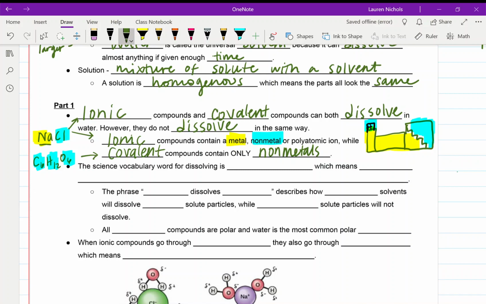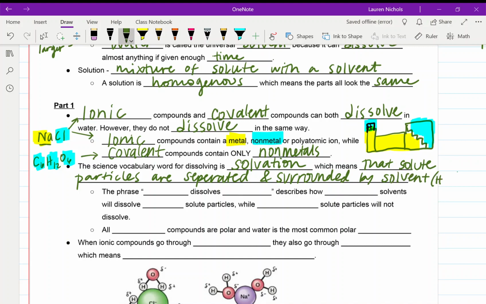The science vocabulary word for dissolving is solvation, and solvation means that the solute particles are separated and surrounded by the solvent, which again is typically water, and we'll talk about pretty much only water as being our solvent in this unit.